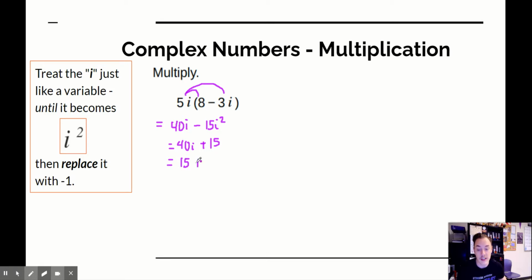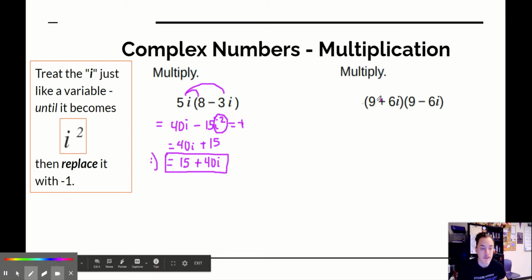So this is 15 plus 40i. So that is my final answer. Remember, this i squared equals a negative 1, okay? So that's why negative 15 times negative 1 gives me a positive 15. That's why I have the positive 15 there.